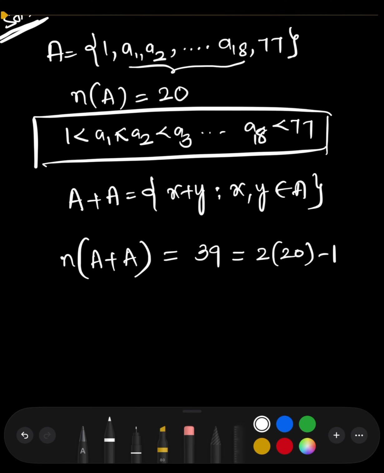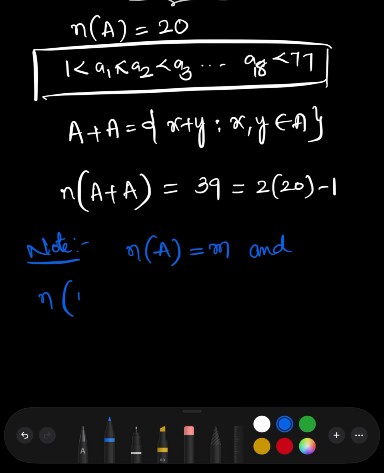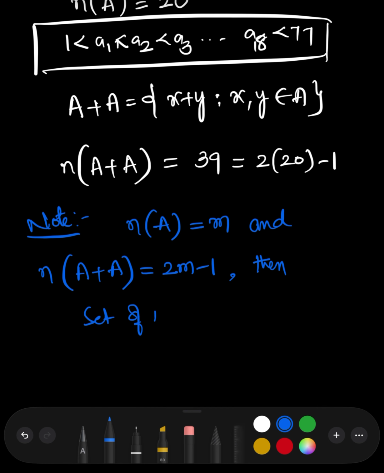Now see, the major concept of this question is, suppose a set A has m elements and the set A + A has 2m minus 1 elements, then it is very clear that the set A must be in arithmetic progression.